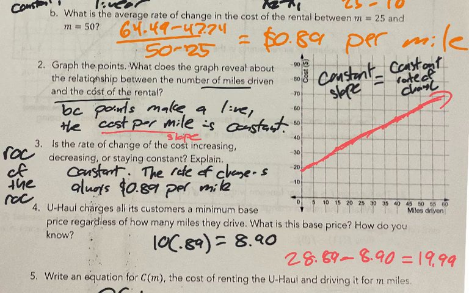So the rate of change of the rate of change is 0. So a constant rate of change means the rate of change of the rate of change is 0.